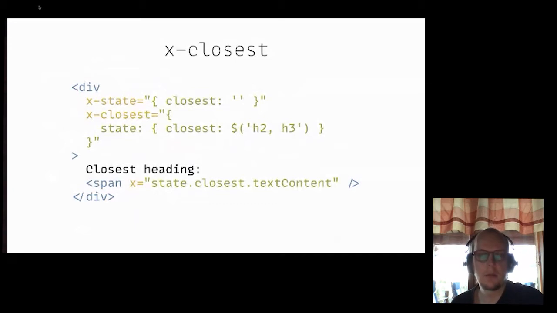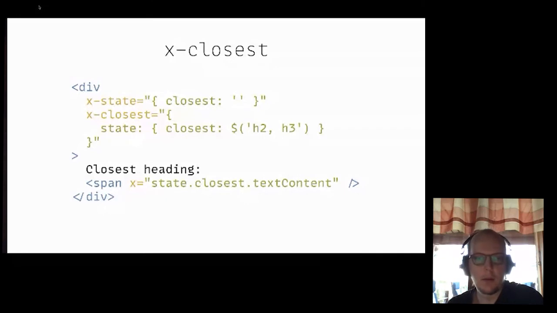That's the point. I will show you the real demonstration in a bit, so it makes sense. It tracks what's closest to the top of the window, and with this you can do table of contents and these kinds of things. You get a stream from this selector, where we're watching all the H2s and H3s, and from this set we always know what's closest to the top edge of the screen. That's useful information to have for something like a table of contents. So we just have the DOM nodes there, and then we display.